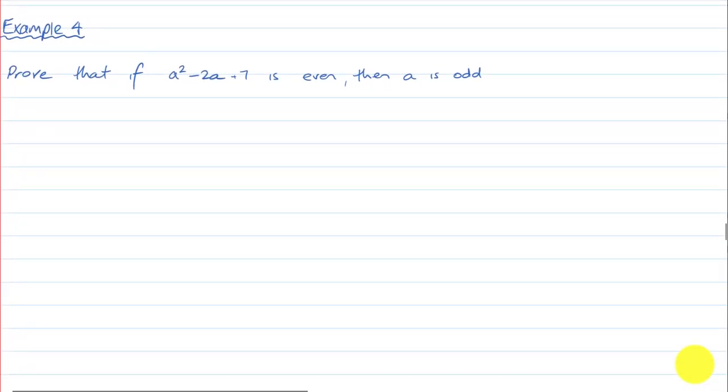Now let's have a look at a further example, and maybe you wish to pause it and have a go at this example first yourself. So this time, prove that if a squared minus 2a plus 7 is even, then a must be odd.